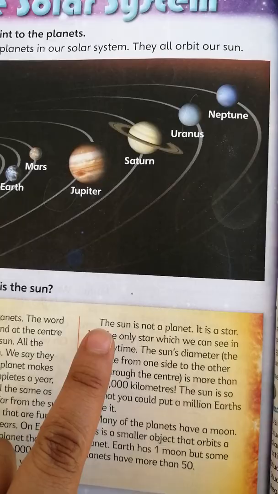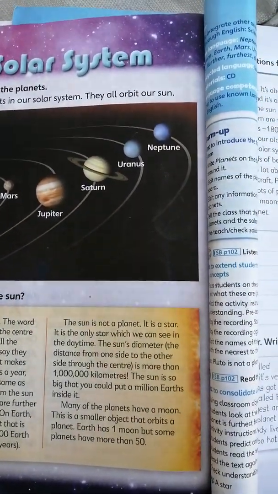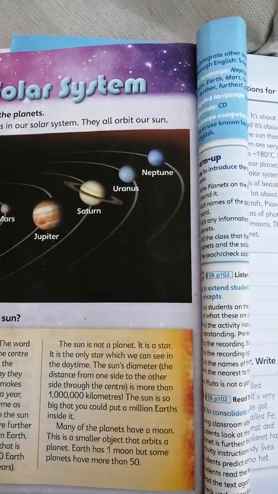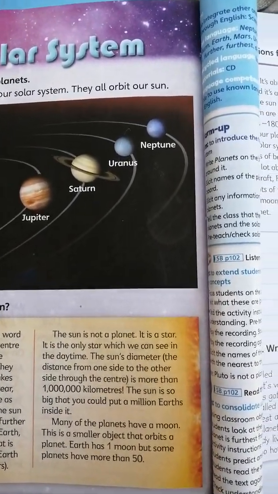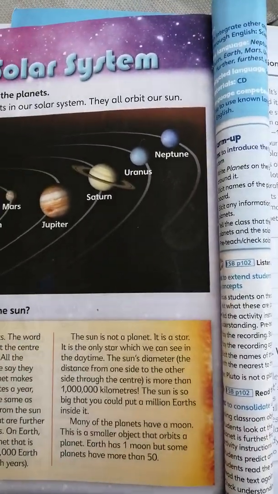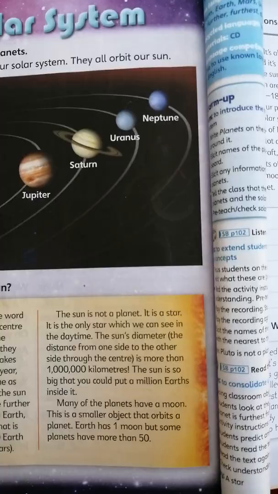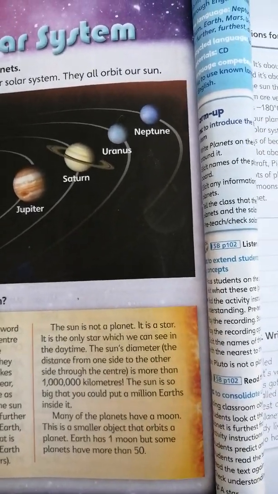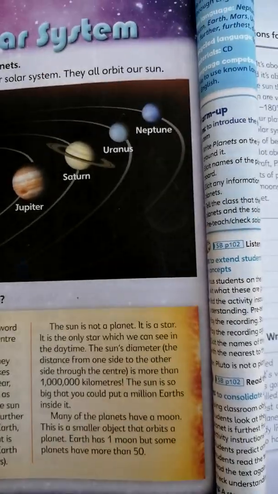So the sun is not a planet. So what is it? It's a star. Is there a difference between a planet and a star? Yes. A star is something that gives heat and light. Hot, you feel hot, and you can get light.